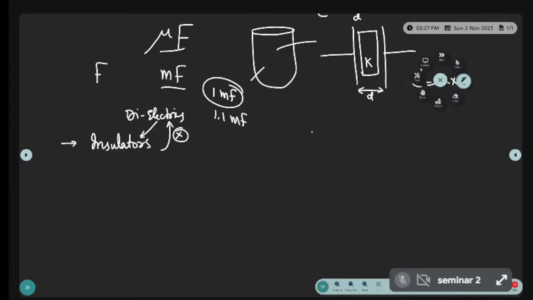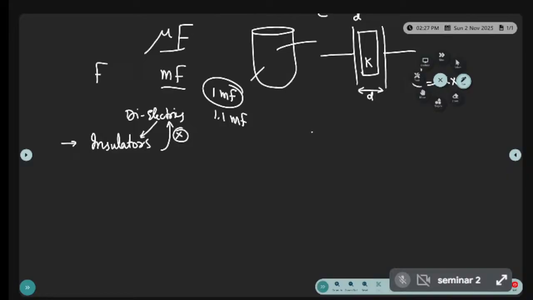Dielectrics are insulators, but insulators are not dielectrics. All dielectrics have insulating properties, but all insulators are not dielectrics. One example is vacuum: it is an insulator, but it is not a dielectric.